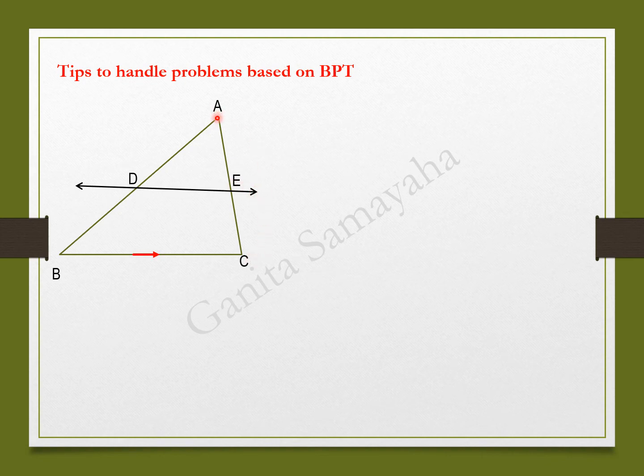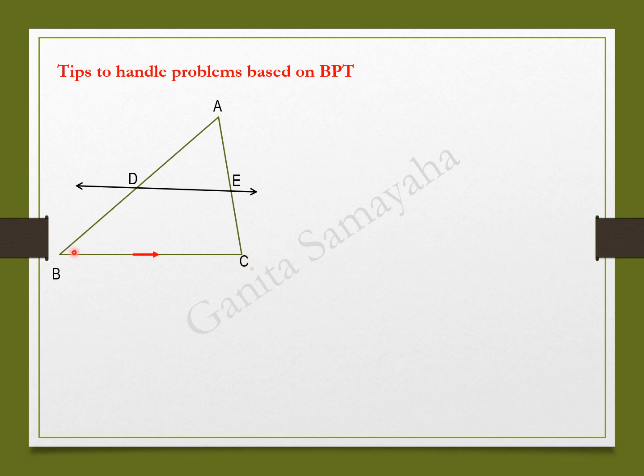Start from this vertex and go top, bottom. Again, top, bottom. That is the rule. You should not by any mistake write it as AD by BD equal to CE by AE. That is not allowed. Isn't it, children? So it has to be top by bottom. AD by BD equal to AE by EC.